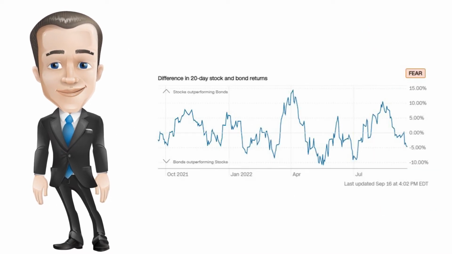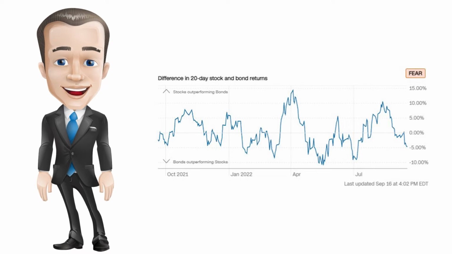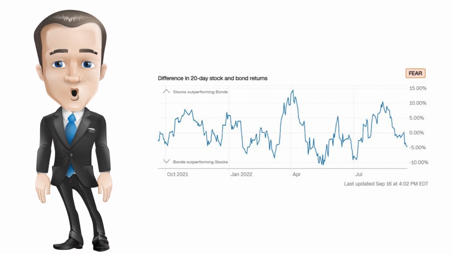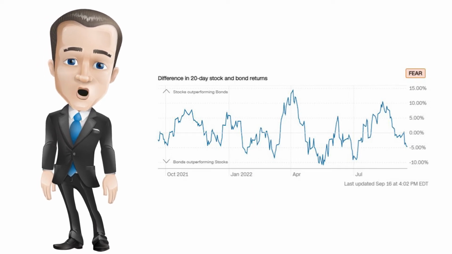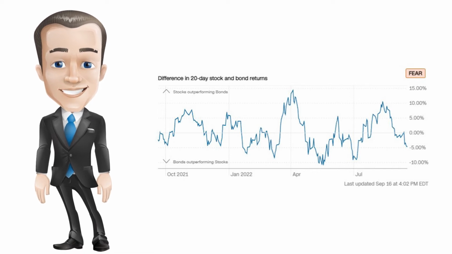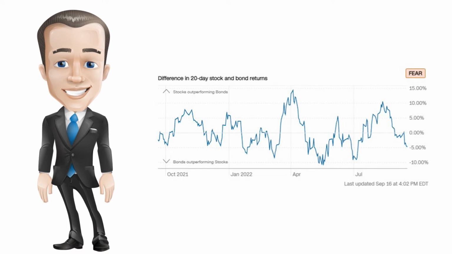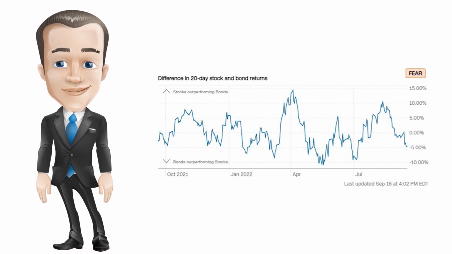Let's go further. The CNN index also has this indicator, and they call it the safe haven demand. How do they use it? Stocks are riskier than bonds, but the reward for investing in stocks over the long term is supposedly greater. Still, bonds can outperform stocks over a short period of time. Safe haven demand shows the difference between Treasury bond and stock returns of the past 20 trading days.